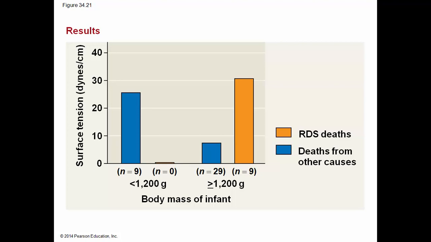Avery then measured the tension across the water surface and recorded the lowest surface tension observed for each sample. So basically, these RDS deaths indicate a higher surface tension. So you want to have that surfactant, which is kind of like soap, to reduce the surface tension.